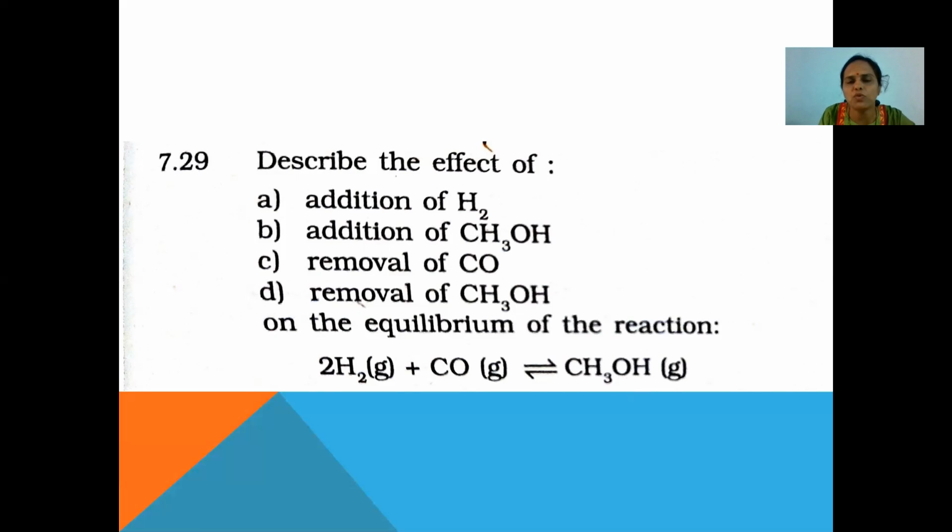When I remove carbon monoxide, since it is removal of a reactant, the reaction goes in the backward direction. Removal of CH3OH, the reaction goes in the forward direction. Addition of CH3OH, the reaction goes in the backward direction.